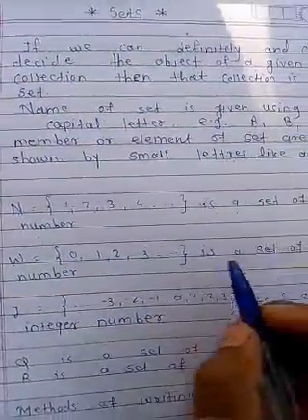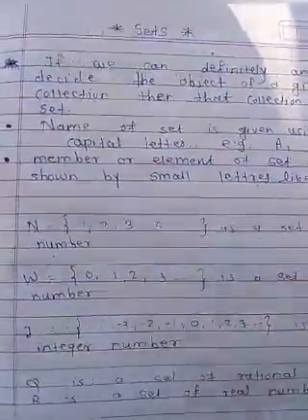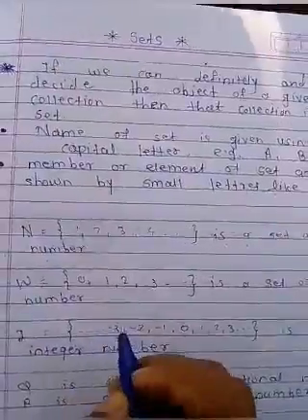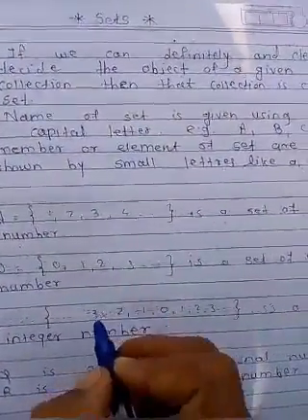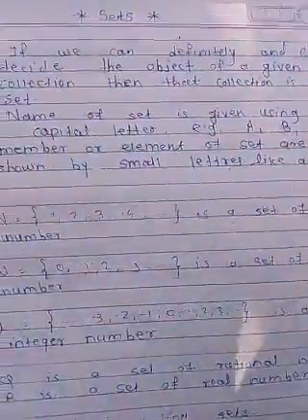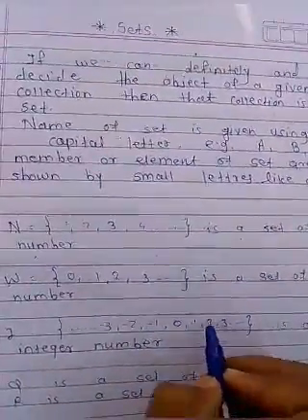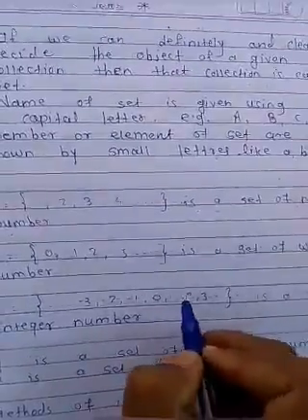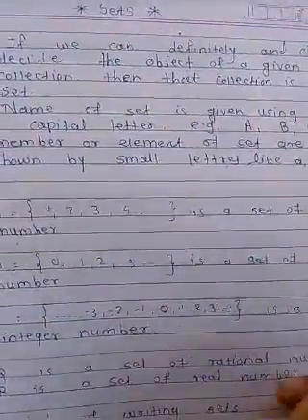Now let's see the next set. Next set is the integers. I is the set of integers. In this set we see numbers like -3, -2, -1, 0, 1, 2, 3. Means in integers we see positive and negative numbers along with 0.